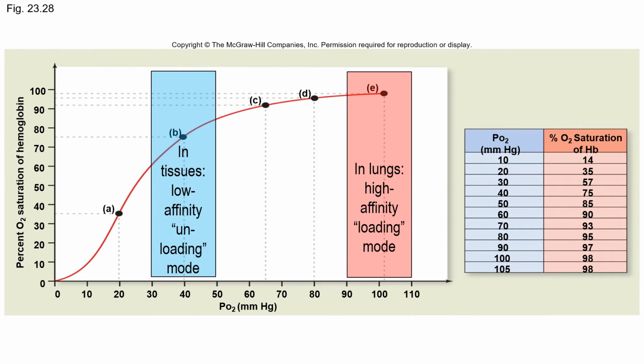Okay, so as oxygen increases on this axis on the bottom here, as PO2 increases, hemoglobin shifts from a lower affinity form to a higher affinity form.